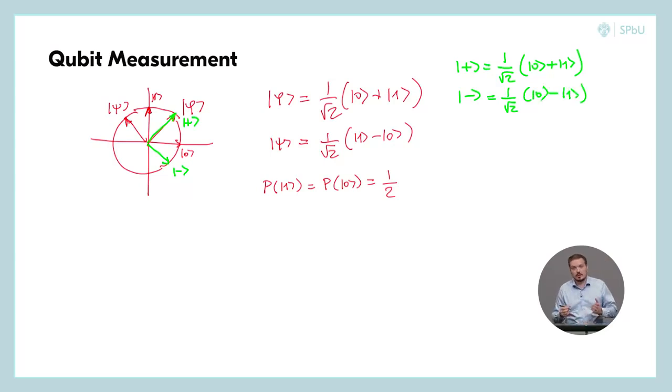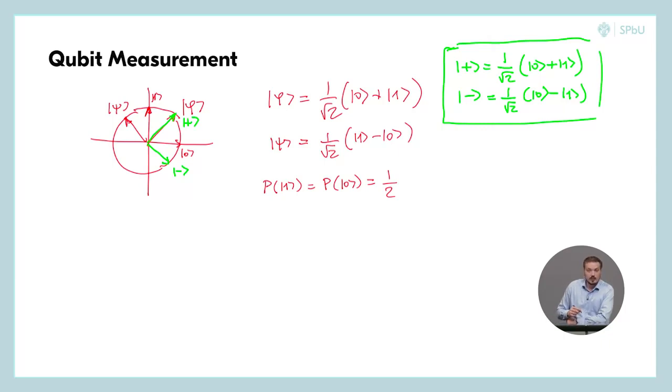This basis is called the Hadamard basis, in the name of French mathematician Jacques Hadamard. And now these 2 vectors are orthogonal, they are unitary, so they form the orthonormal basis, of course.